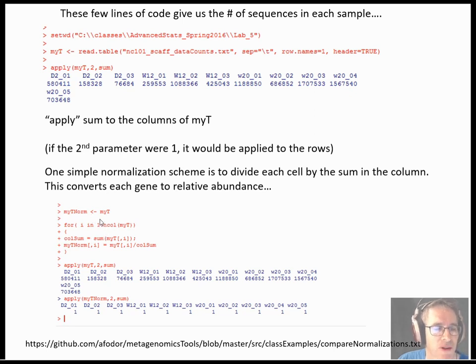Then I walk through every column, take the column sum of that particular column, and my new normalization value is each element divided by the column sum. So I have gone from having a different number of sequences per sample to forcing each sample to sum to 1. I've gotten rid of this problem of different sequencing depths by forcing them all to sum to 1.